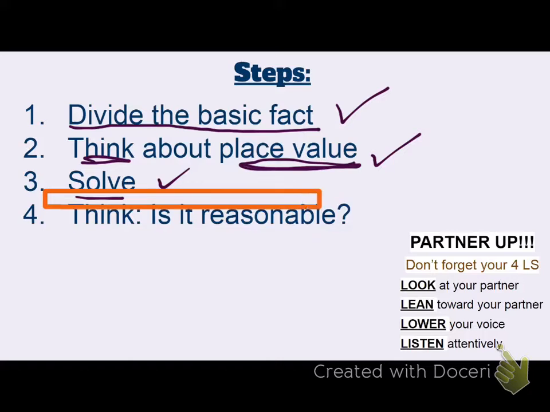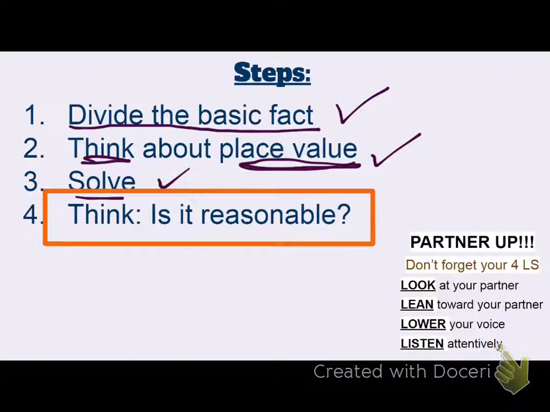Finally, is it reasonable? You need to know if the answer makes sense. Don't go on to the next problem if you haven't stopped to think about whether or not your answer is reasonable or makes sense. So divide, think about place value, solve, and then think, is it reasonable?